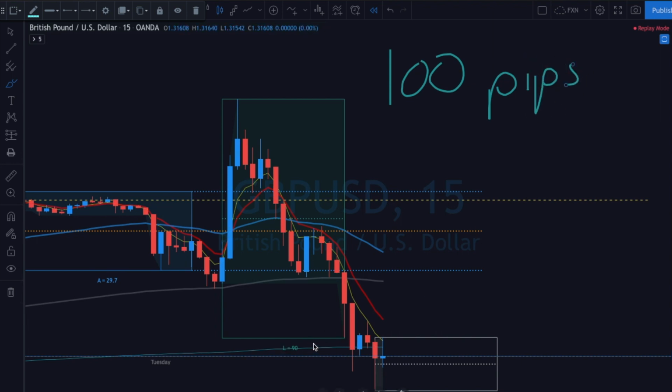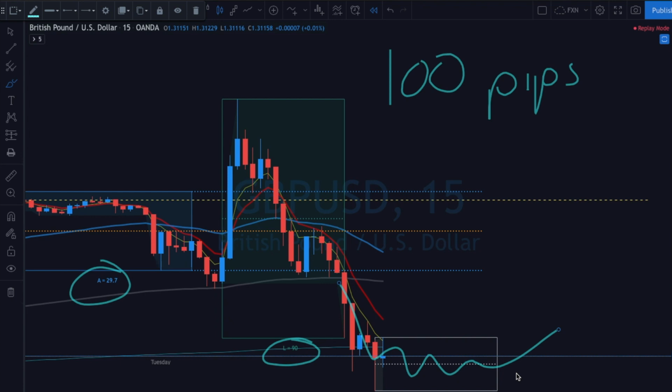Well, look, it's already moved 90 during London, another 29 during the Asian session. So what's the likelihood that this is going to move any more during the US? It's not. It's really not. It's not going to move that much more during the US.